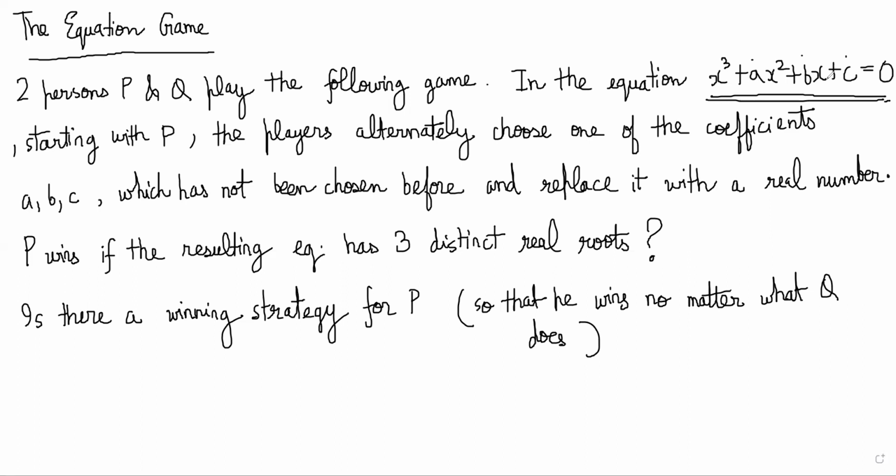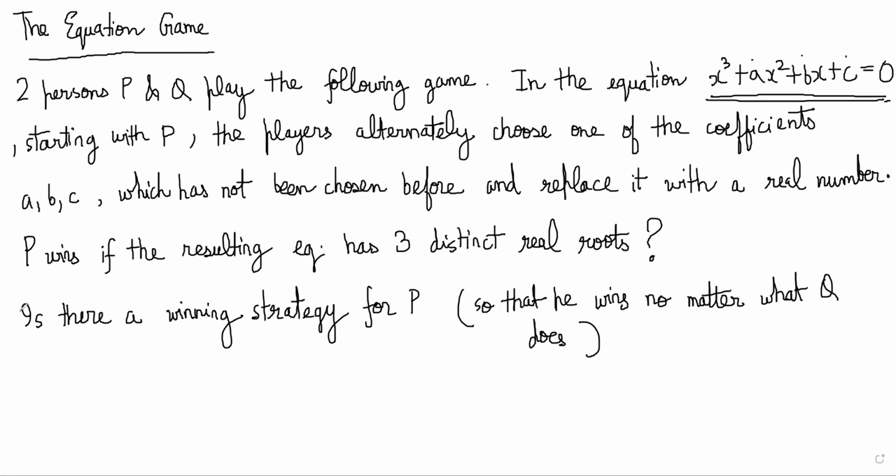What do I mean by a winning strategy? A winning strategy is a way for P to choose his coefficients in such a way that no matter what Q does, he will always win, or the equation will always have three distinct real roots. This question has appeared in Olympiads in the past, and it's a very interesting application of theory of equations.